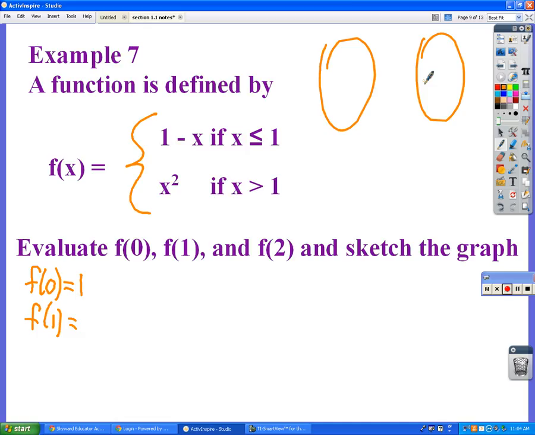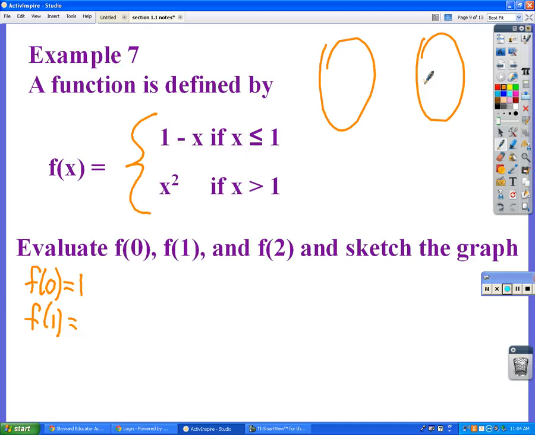And if you're going to plug in a number that's greater than 1, follow this rule. So you're just subtracting that value from 1. If the number you're plugging in is less than or equal to 1, then just go 1 minus that. But then, for some reason, we decided if it's greater than 1, we're going to square it instead. And you'll get to do some problems later where there are like 5 different pieces.